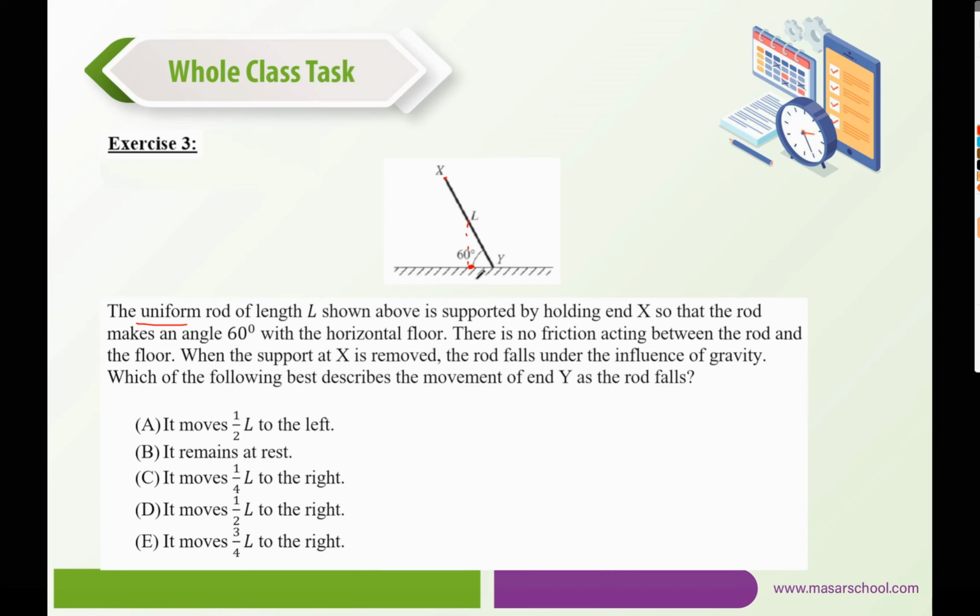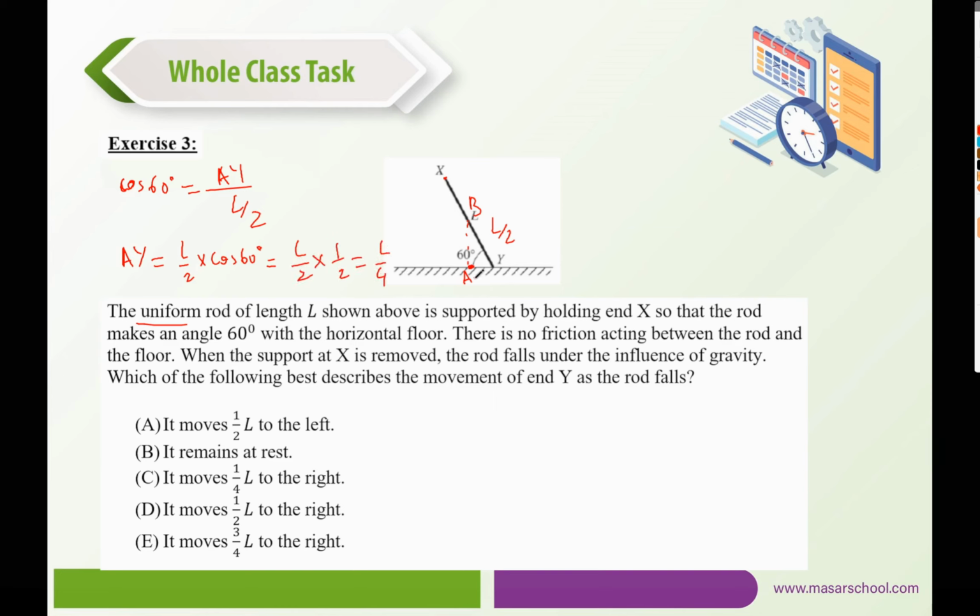Now we need to find this distance. So the center of gravity would fall to this point. If this is A and this is Y and this is B, then cosine 60 is given by AY divided by L over 2, because this is a uniform rod, then this is L over 2, which is the distance from Y to B. Then AY would be given by L over 2 times cosine 60, which is L over 2 times half, and that would be L over 4.